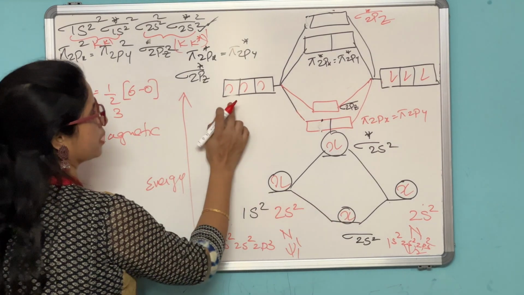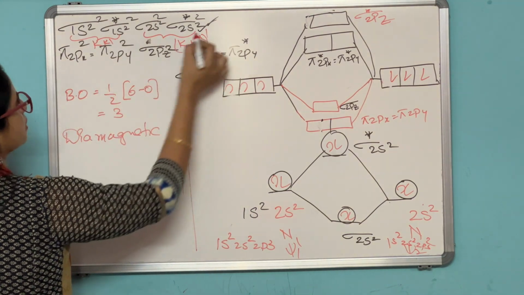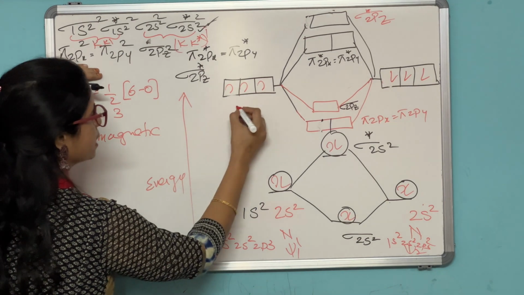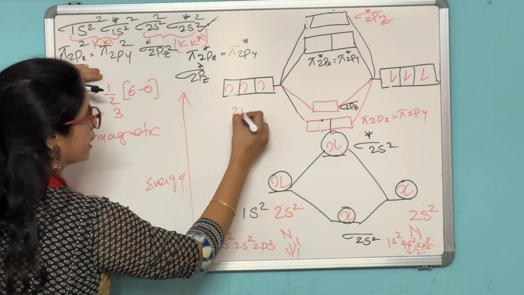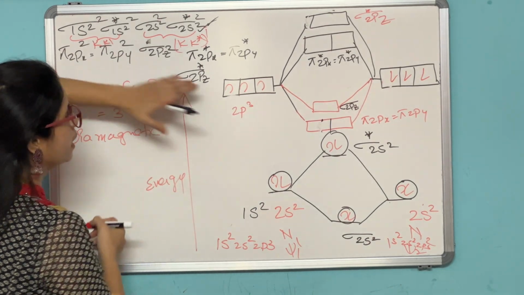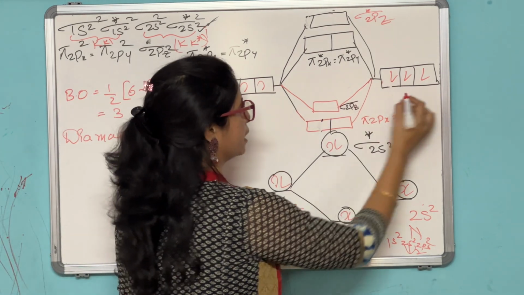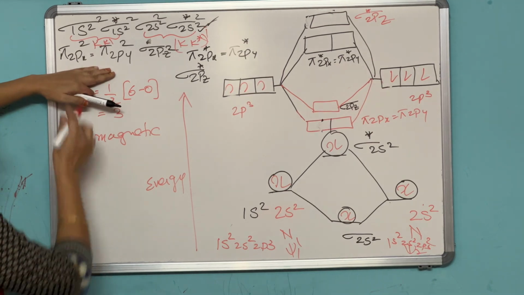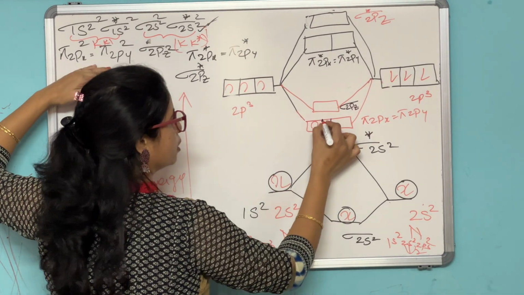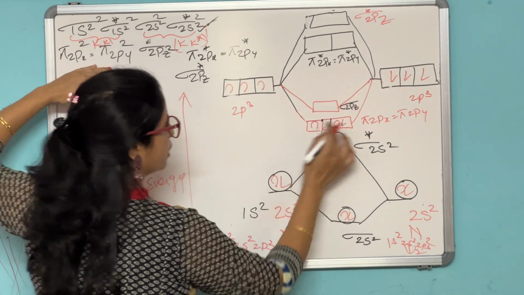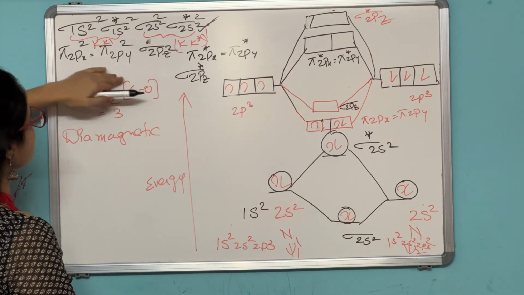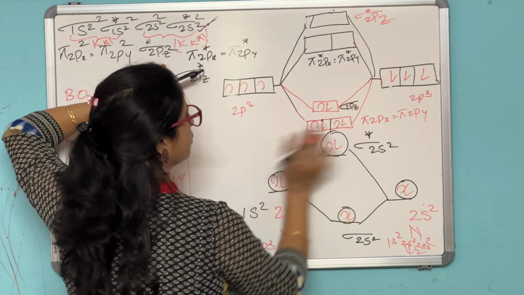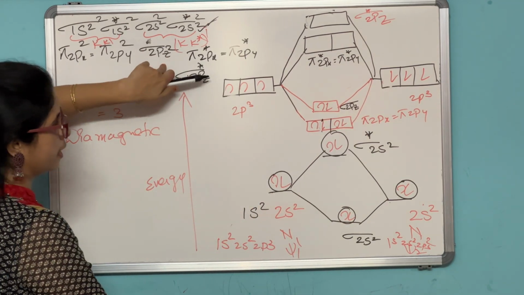Next comes 2p3 of another nitrogen. They combine to form the molecular orbitals. Here 1, 2, 3, 4. 1, 2, 3, 4. And next comes sigma 2pz2. Here also. Altogether we have completed our electronic configuration.